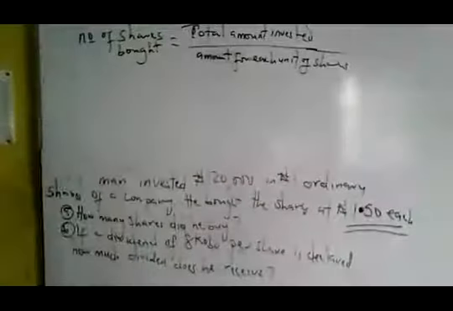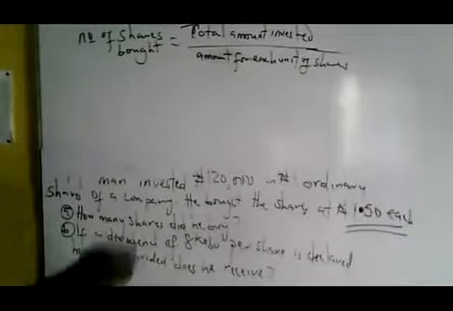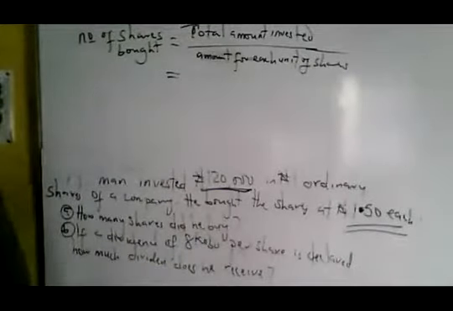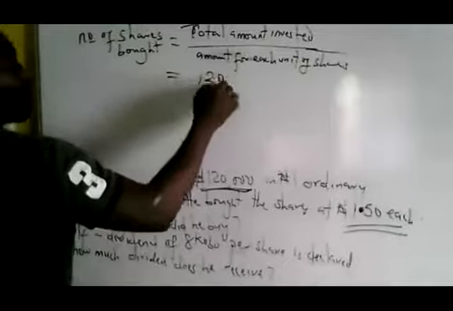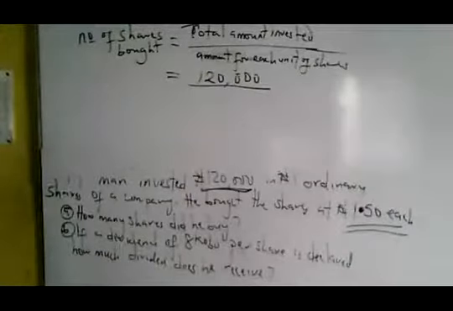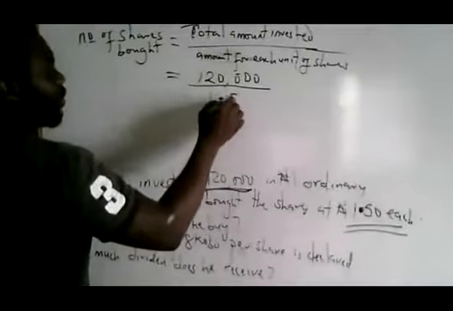So the total amount invested is how much? 120,000 naira. So that is 120,000 divided by the amount for each unit of shares. Each unit of shares he bought at 1 naira 50 kobo.